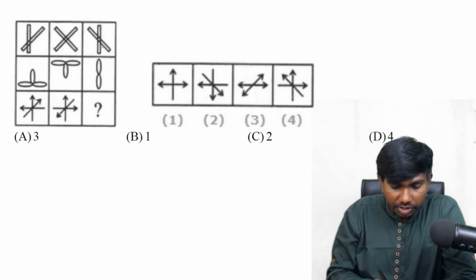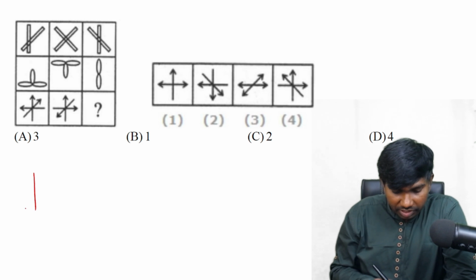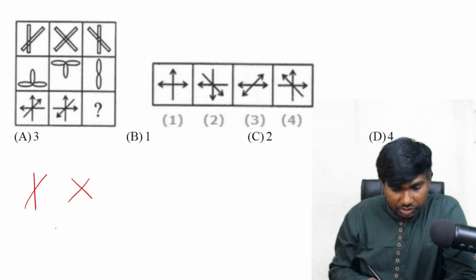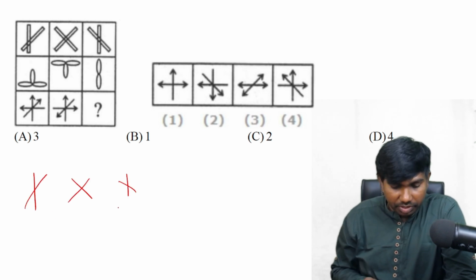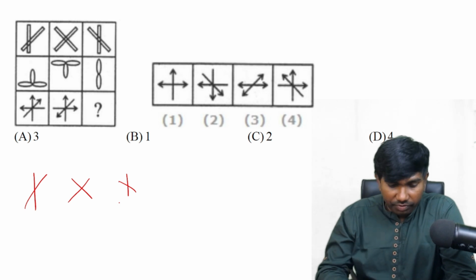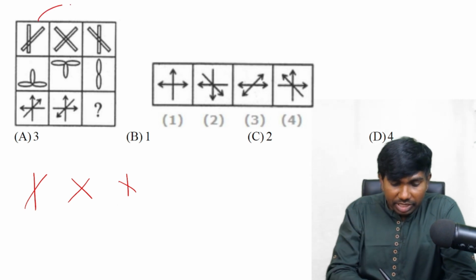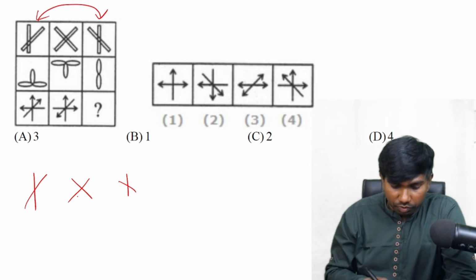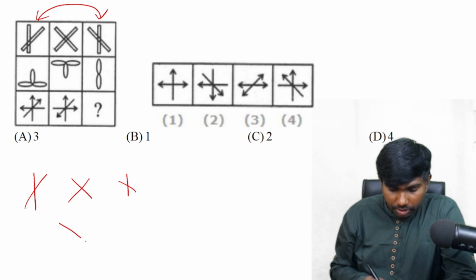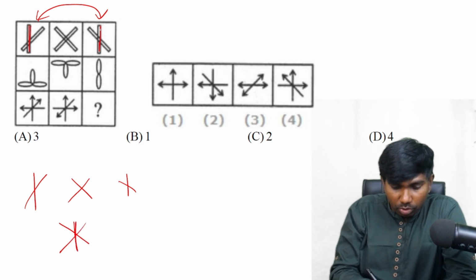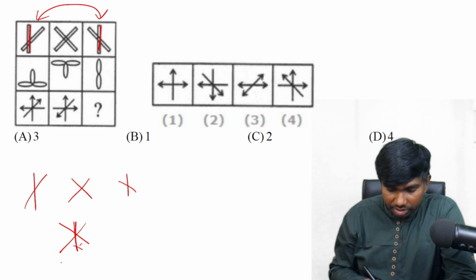Next one. Observe this one. The first figure is this one, the second is a cross mark, and the third figure is this one. If you combine these two, we will get this shape, the cross mark along with this line. But this line is common in both, so it got deleted.